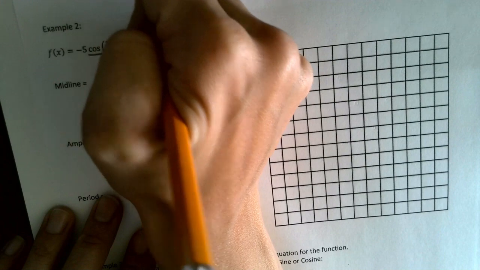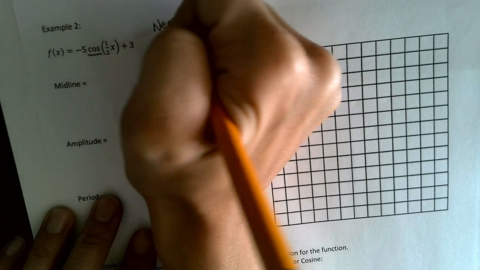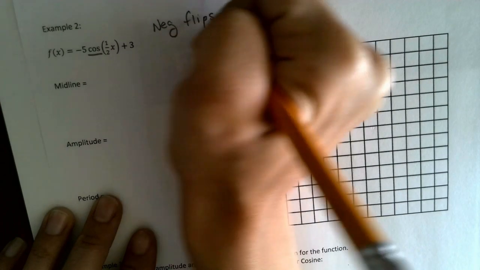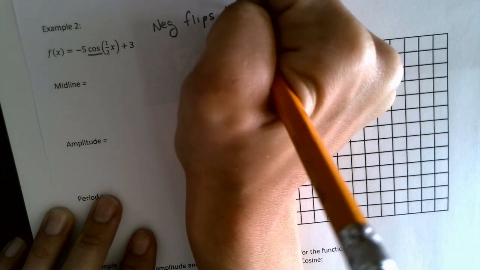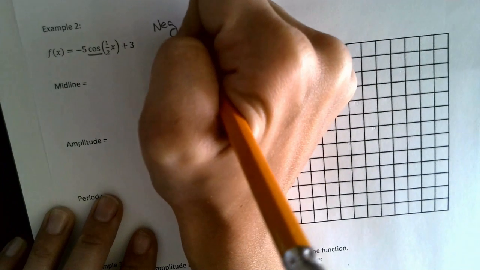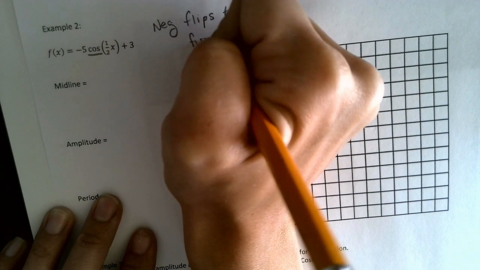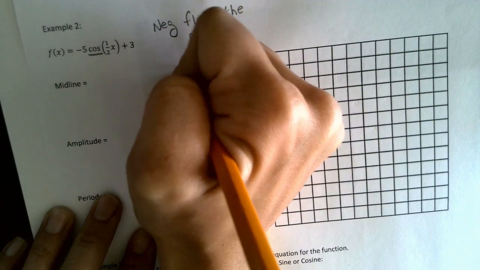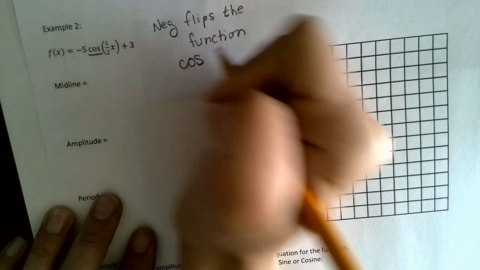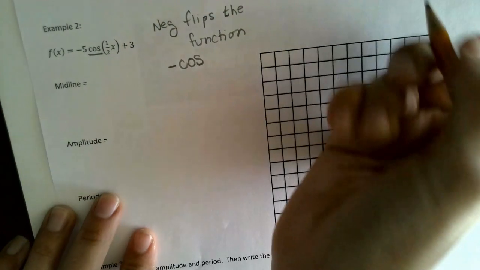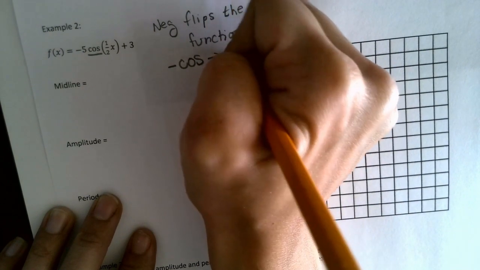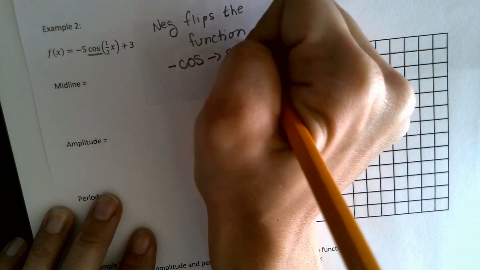Hopefully you told us that a negative flips the function. Since cosine originally has us start at the top and there is a negative out front, that means we start at the bottom.